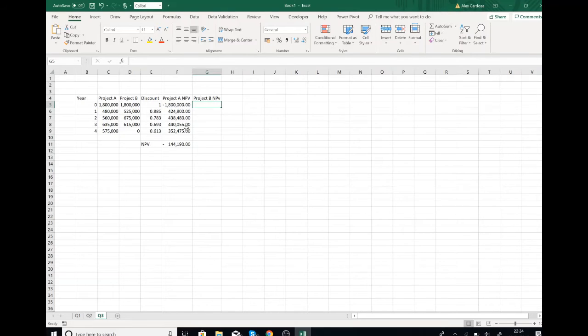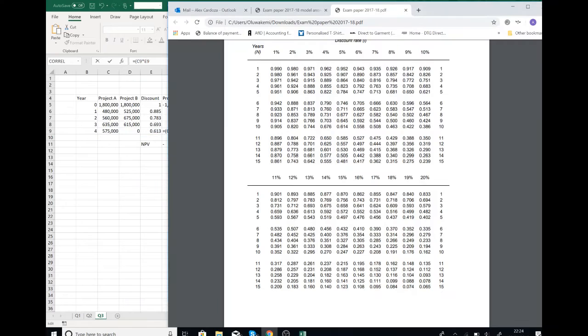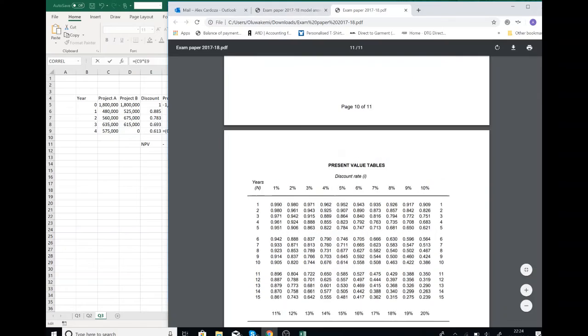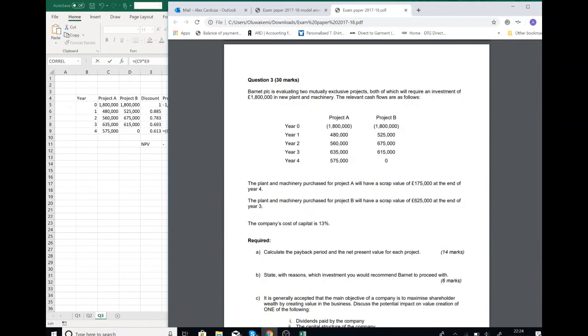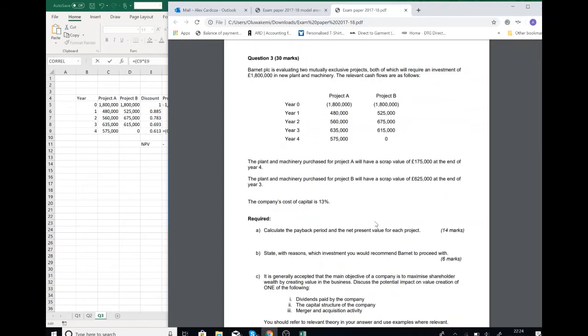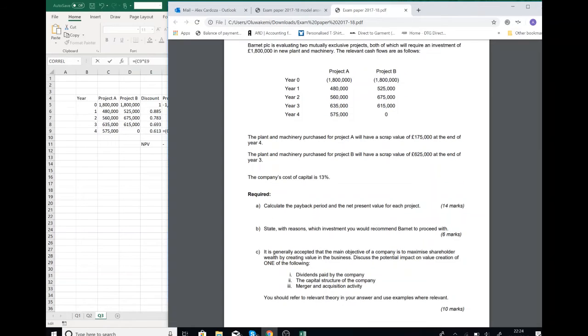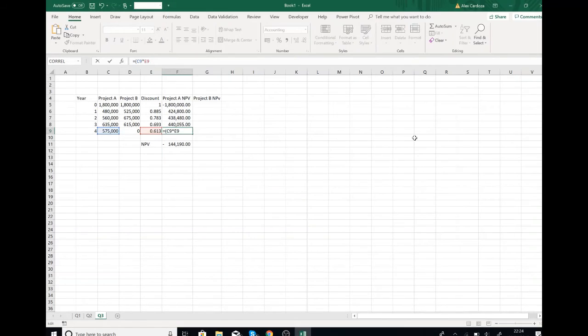Project B. Okay, so we need to actually add, remember here, at the end of year 4, you've got scrap value of 175. Don't forget that.